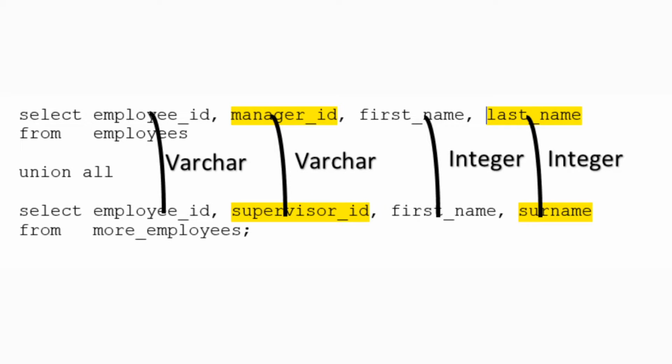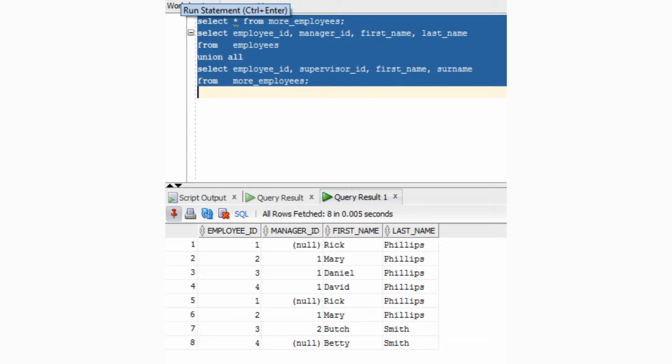Finally, columns do not need to match with respect to their names. The set operators only work off of column order or ordinal position. Good, because our second and fourth columns are differently named, but if we're just using order, then we should be fine. All right, given these rules, let's look at our first set operator example.